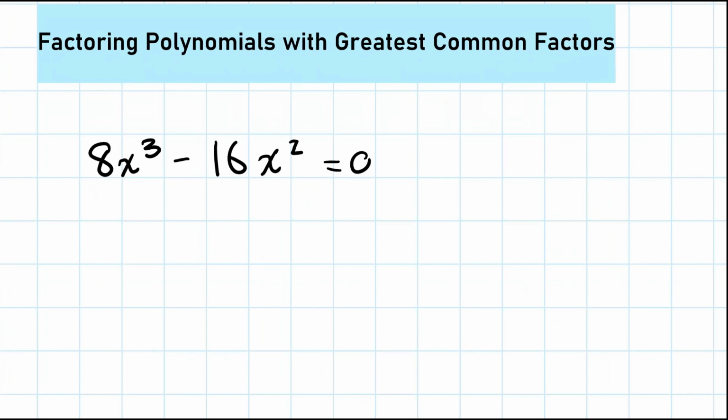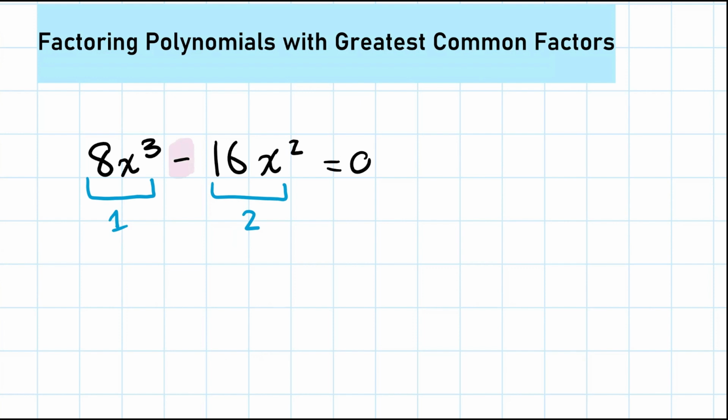So if you watched my previous video on greatest common factoring, you would know that we look at all the terms that are involved in the equation. So you will have term number 1 right here and term number 2 right here. Remember, what makes a term is any numbers or variables multiplied by each other, and what splits up terms is an addition or subtraction.